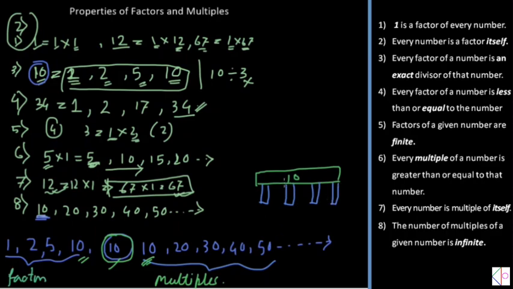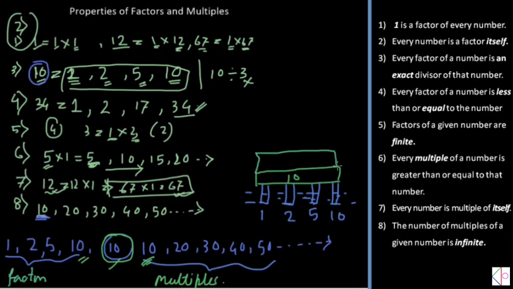We can name them 1, 2, 5 and 10. So they are the factors of the building. In a building there may be lots of posts, but here I just demonstrate this. So factors are finite, that is why we have 4 factors.